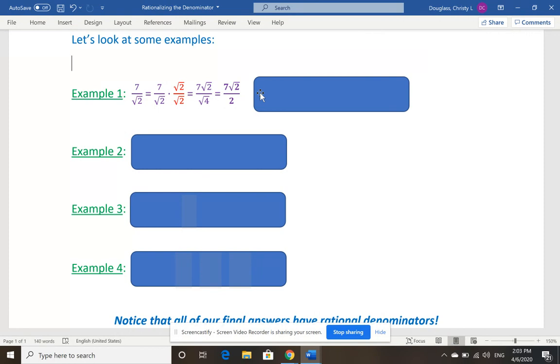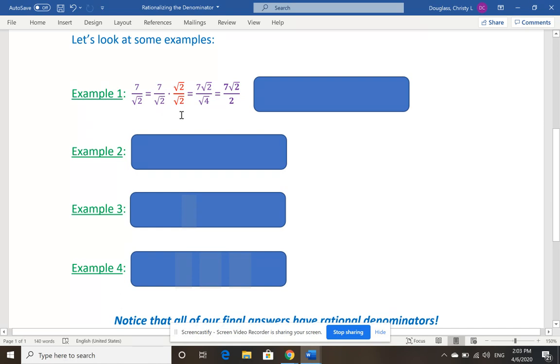So a couple of things to note. Remember that when you have a number that is not under a radical sign and you're multiplying it by a number that is under a radical sign, in this case you would just say 7 square roots of 2. Those numbers don't really get to do math together. We just write them together.